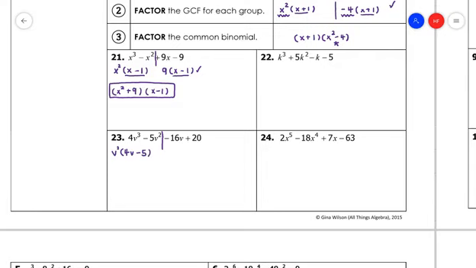Now on the other side, whenever the first term is negative, take out that negative. So between 16 and 20, the common factor is a 4. And they don't have both variables, so we'll only take out a number. Then to get from negative 4 to negative 16v, I would need to multiply by a 4 and a v. To get from negative 4 to positive 20, I would need to multiply by a negative 5.